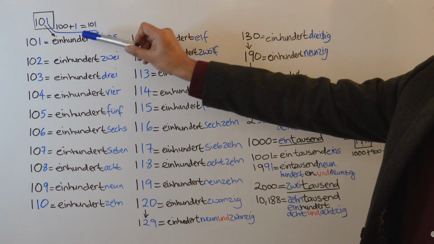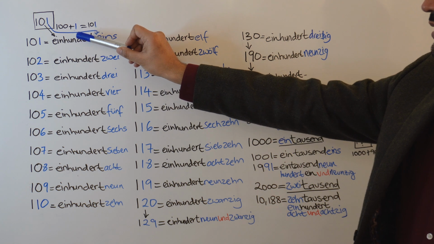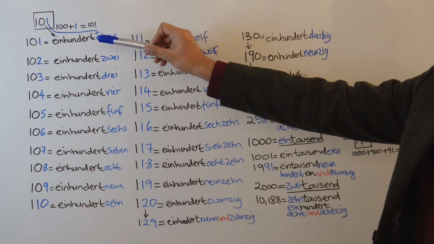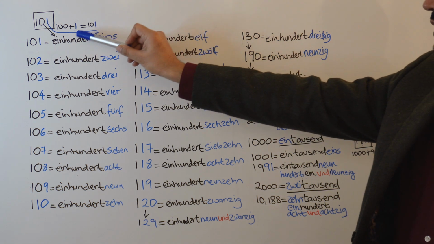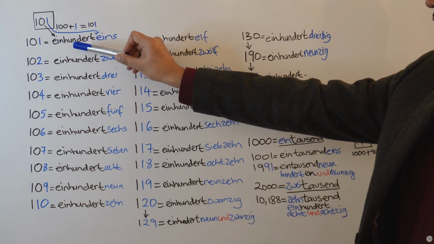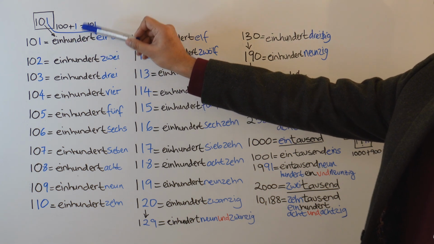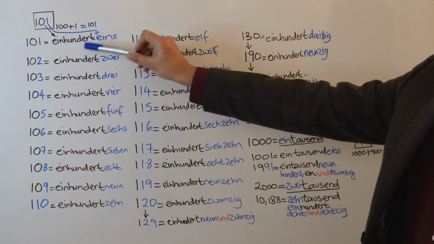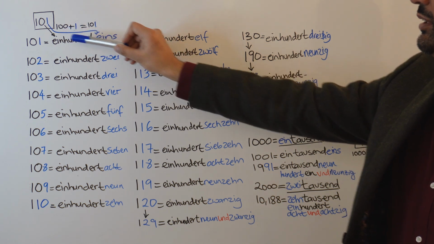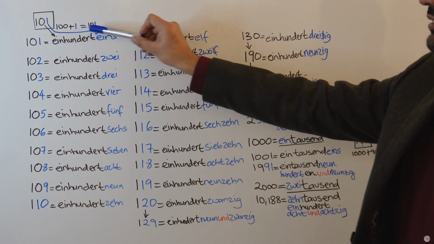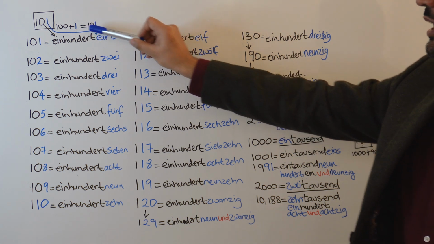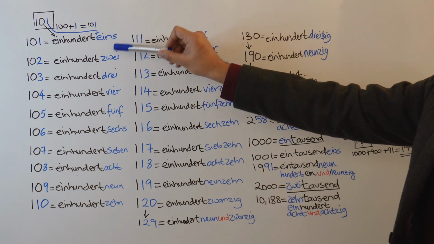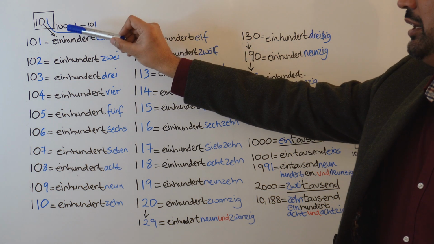According to this, the number that is bigger will be pronounced before the smaller number. For 101, we will say hundert eins. The smaller number, eins, will be pronounced after the bigger number.